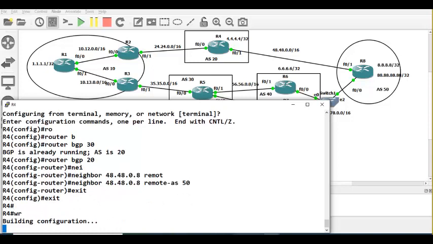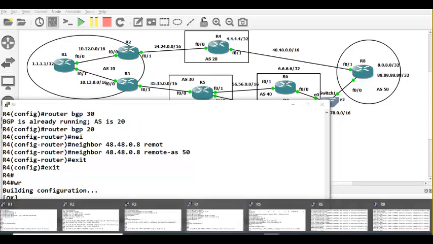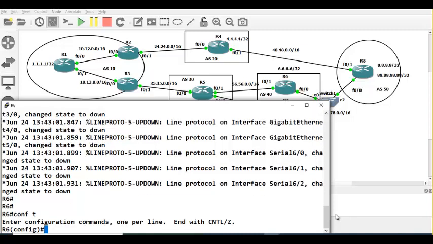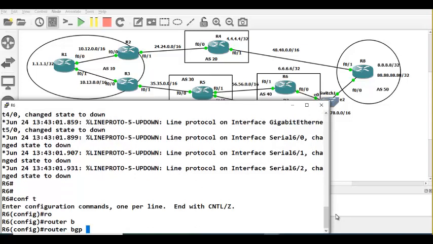Now let us finish router 6 and then we'll go to router 8. On router 6, router BGP 40.